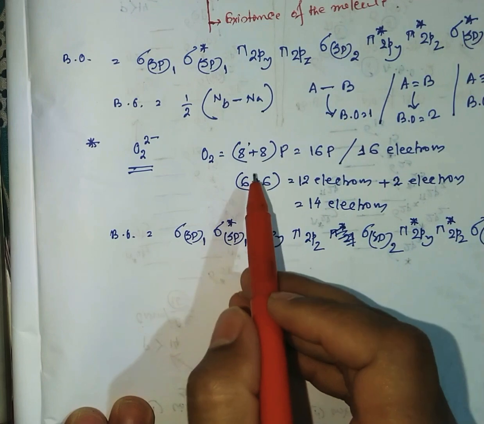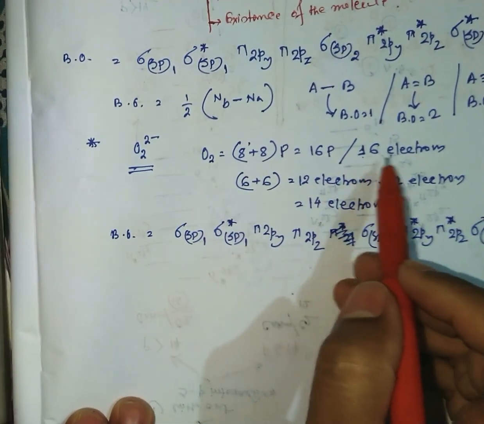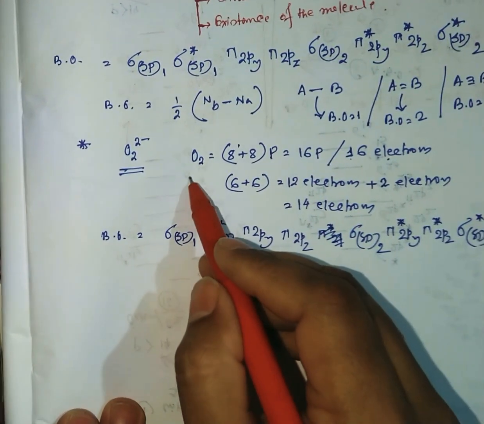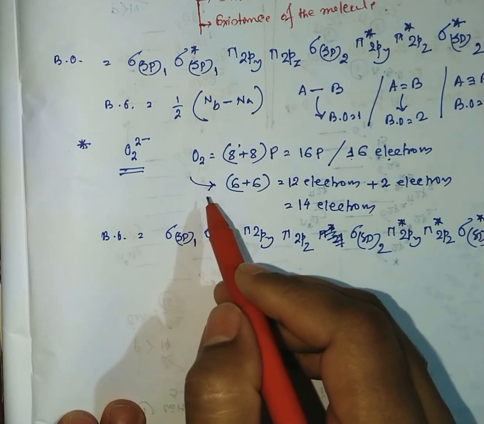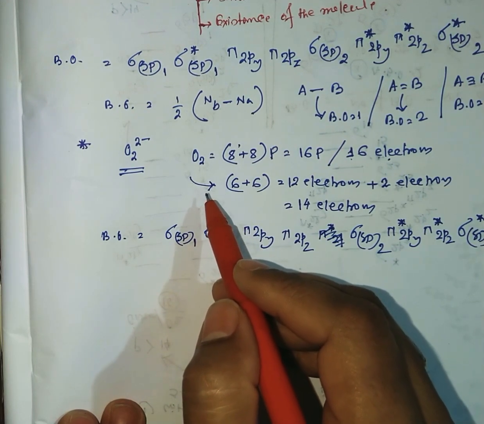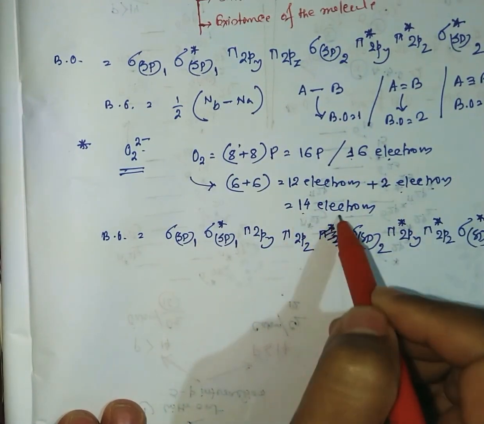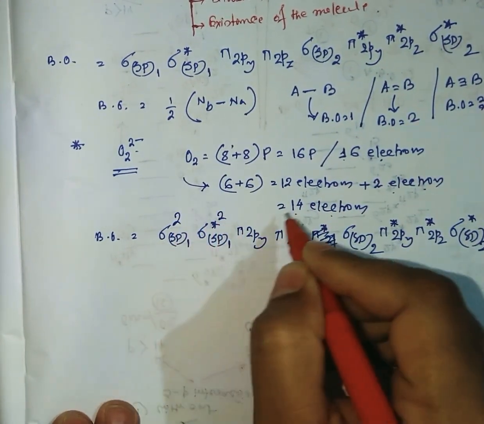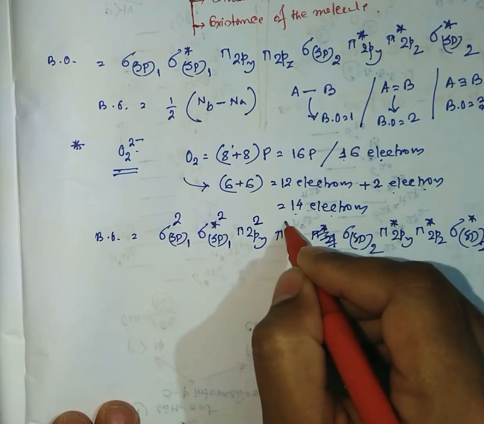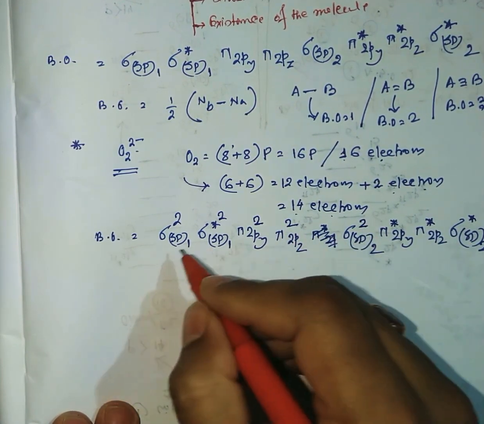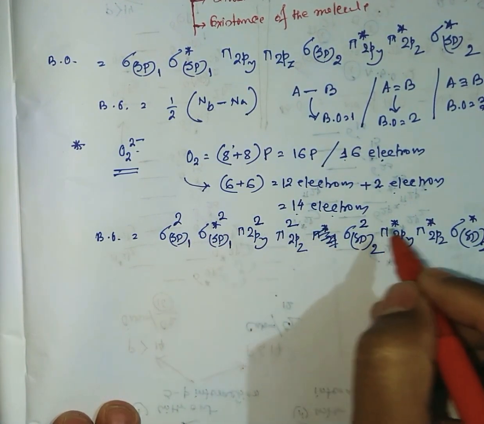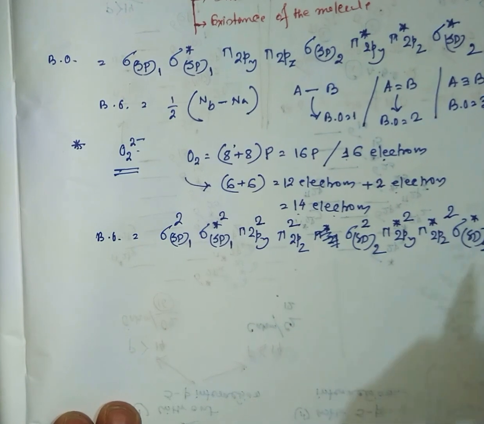Total 14 electrons. Oxygen molecule contains 16 electrons, but we will start from the 2s orbital. That means 6 plus 6, 12 electrons, and for 2 minus, adding another 2 electrons, 14 electrons in total.